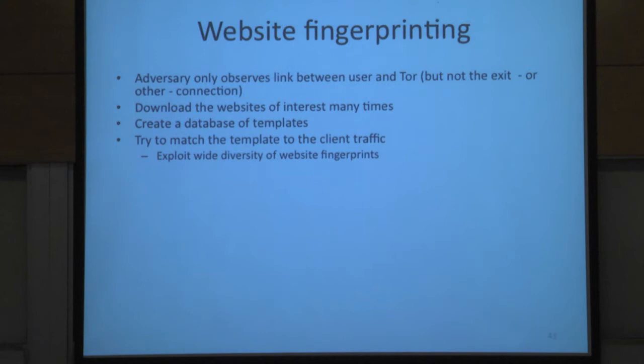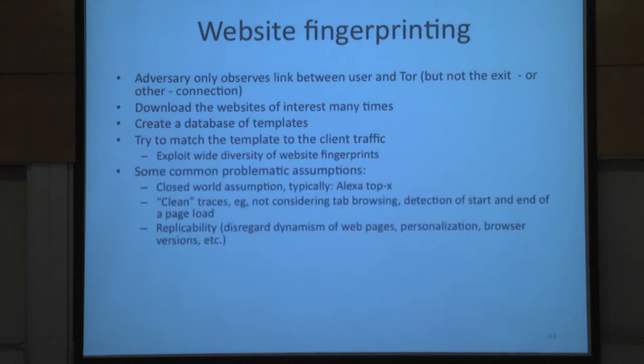And if I see a pattern that looks like one of the patterns in my database, then I know which website you're visiting. So it's template matching, but instead of live with the two ends, you only have one end, and the other part of the matching you have done yourself in advance by downloading many times.